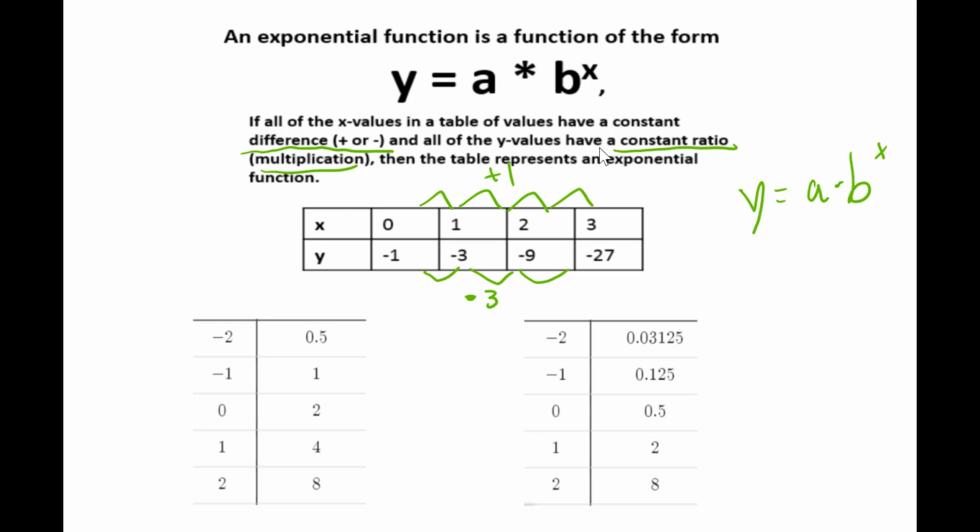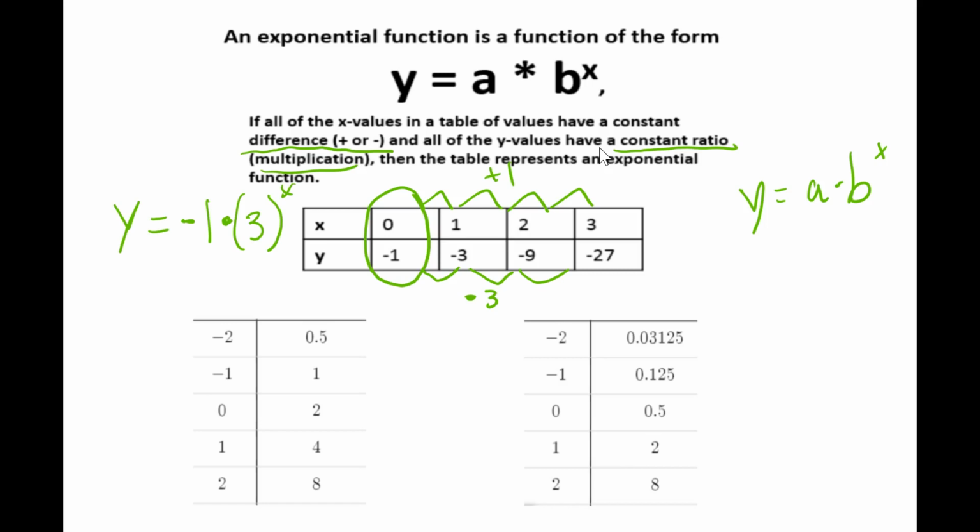And if I wanted to write the equation, which I do want to write because your quiz is going to ask you to write the equation and identify what's the growth rate and what's the decay rate and what's the initial value. This is my initial value right here. So I would say that y is equal to negative, I'm going to put it as -1 to start off with so y'all can see, -1 times, this is my growth rate right here, times 3 to the x power.